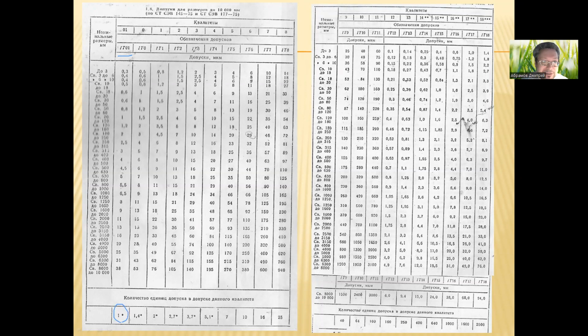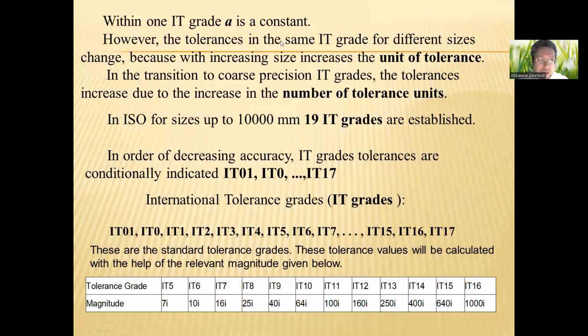For example, for IT grade 3, A is equal to 3.7. And for IT grade 14, A is equal to 400. Within one IT grade, A is a constant.